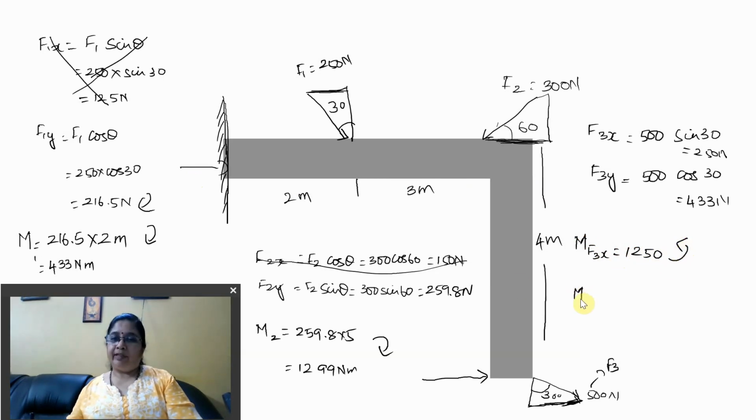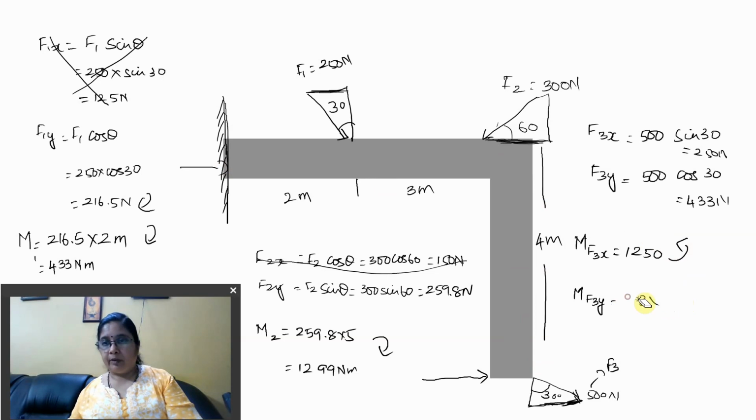So what do we now have? F3y. Okay. So that is 433 Newton. And what is the distance of this along the y-axis? Along the y-axis from here to here, it is going to be 4 meter. 433 into 4.